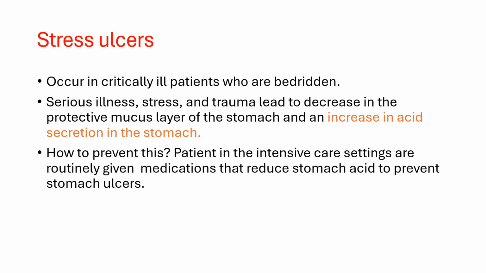Patients who are in intensive care settings are routinely given medications that reduce stomach acid to prevent stomach ulcers, because the acid in your stomach gets more than normal, so it will lead to ulcers. So we have to reduce that stomach acid, which will prevent the stomach ulcers.